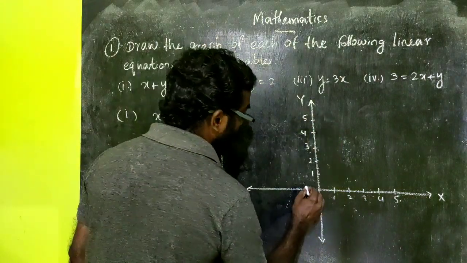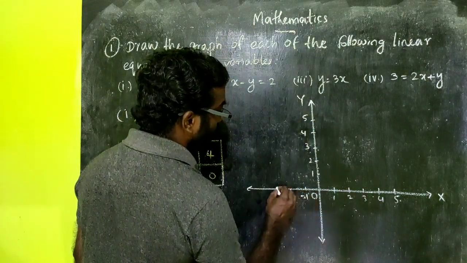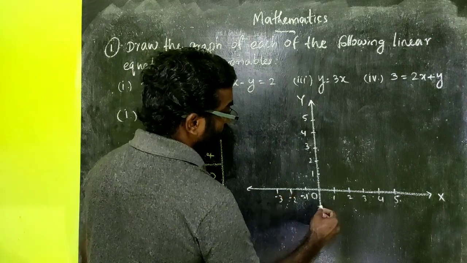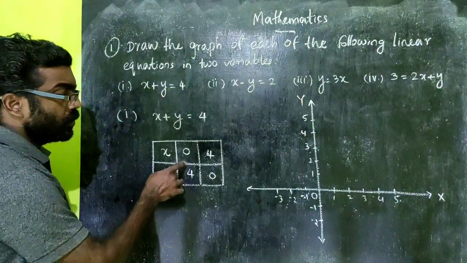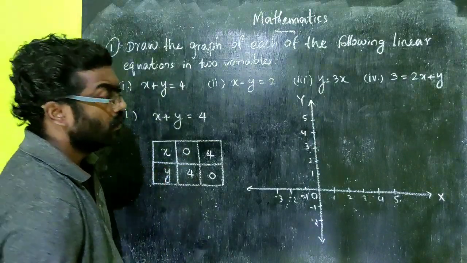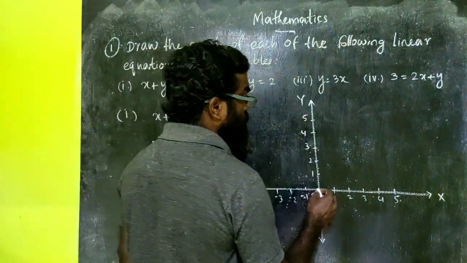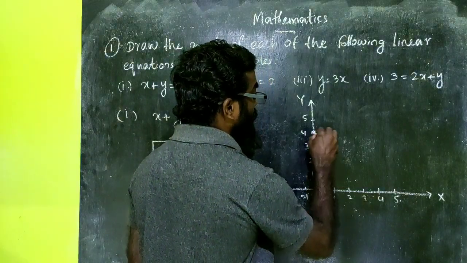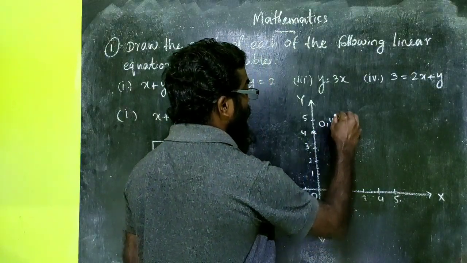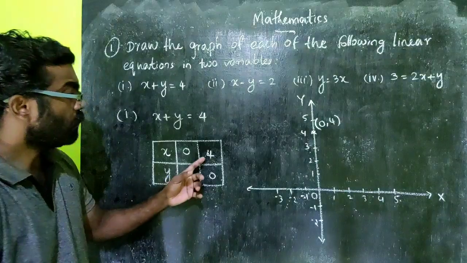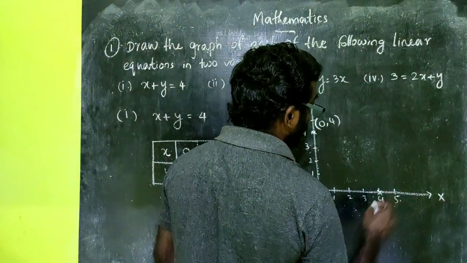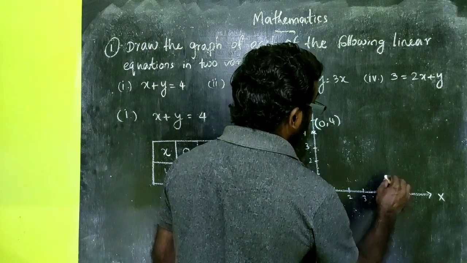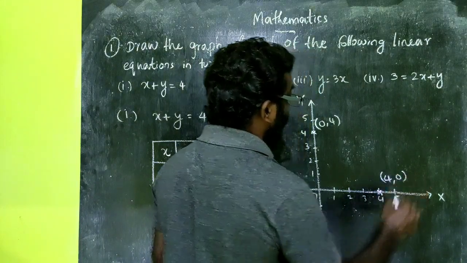On the negative x-axis, -1, -2, -3 etc., and on the negative y-axis, -1, -2 etc. The first point is (0, 4). So you have to plot these two points, (0, 4) and (4, 0). The x value is 4, y value is 0, so it's on the x-axis.